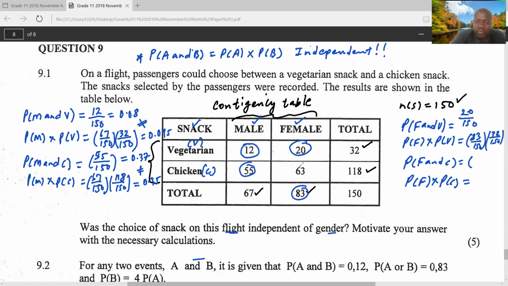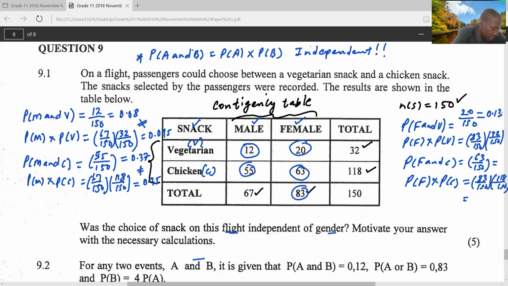Female who prefer chicken is 63 out of 150. Female alone is 83 out of 150. Chicken alone is 118 out of 150. Let's get the answers. 20 divided by 150 is 0.13.